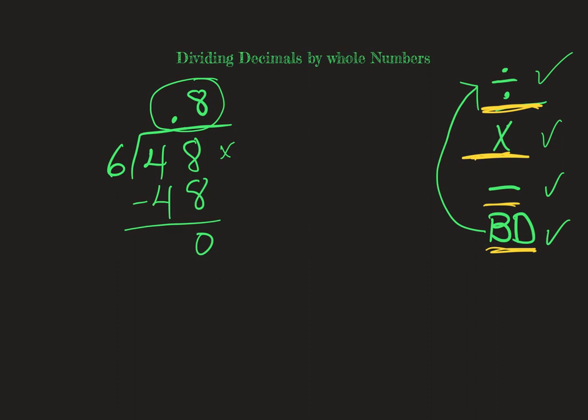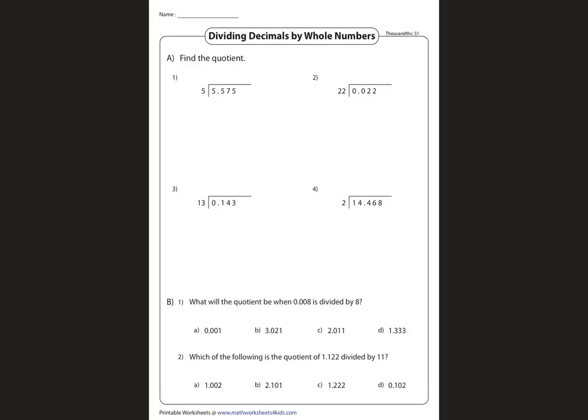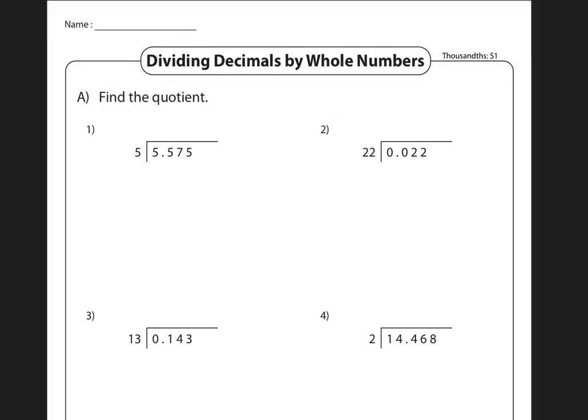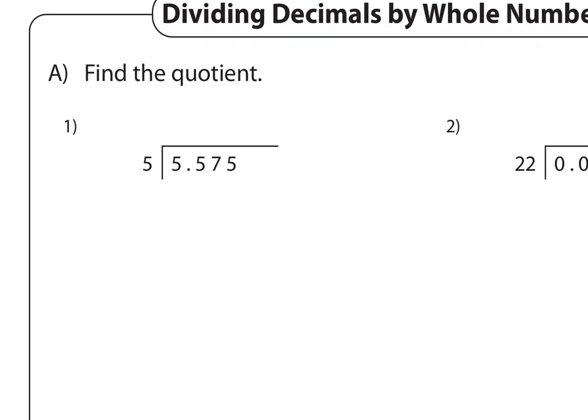Let's go to the next page. You should have this worksheet in front of you. So let's divide these out. We're going to follow the same steps, and I want you to copy all these notes down that we just talked about. We're going to divide first, multiply second, subtract third, bring down, and then we're going to begin again if needed.